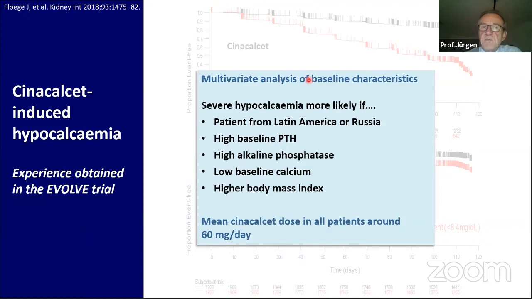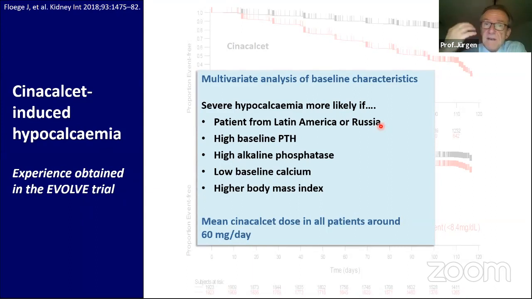The predictors of severe hypocalcemia, so below 7.5, was more likely in patients from Latin America and Russia. This sounds strange initially, but it's logical. The patients from Latin America and Russia who entered the trial were mostly young, very young, compared to the rest of the world, and they had a much higher PTH.